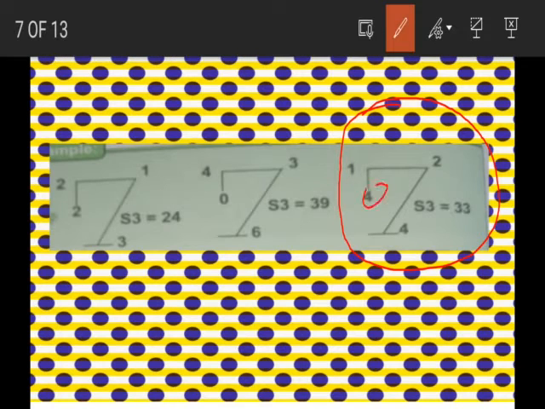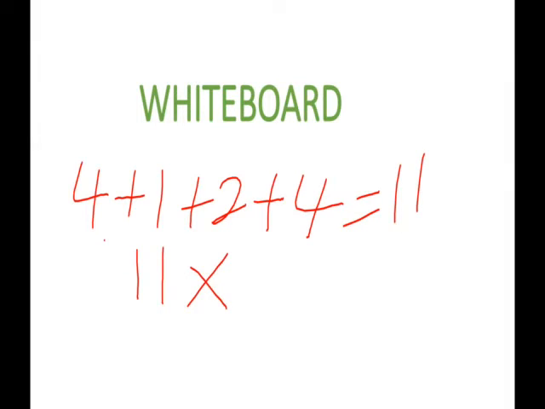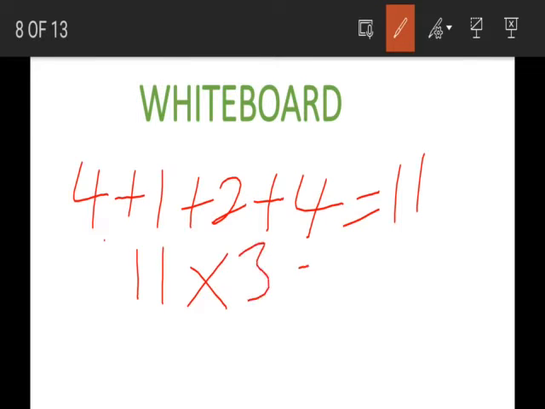We added 4, 1, 2, and 4. Then the answer we got was 11. So 11 times 3 will give you 33. That was how 33 was gotten.